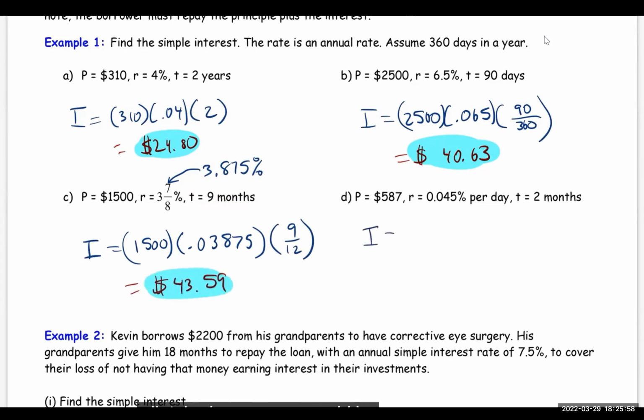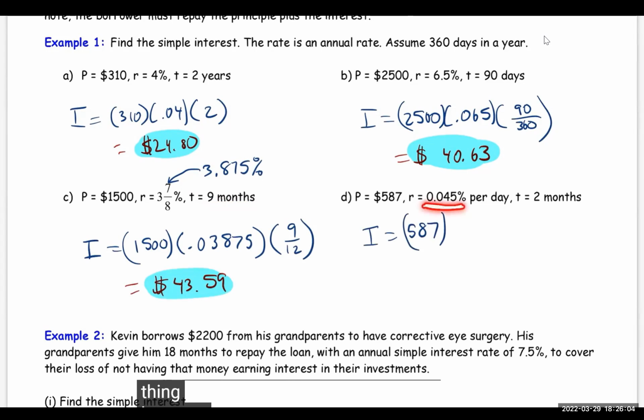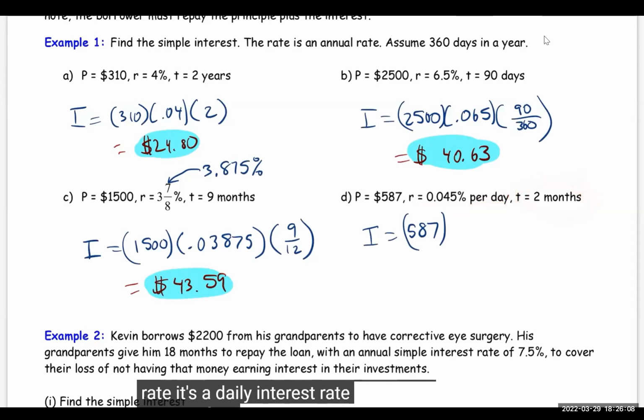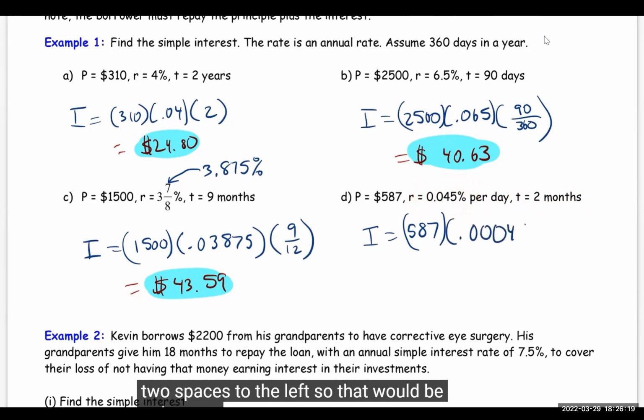All right, the next one would be interest is 587, principal times interest rate, same thing. However, this is not an annual interest rate, it's a daily interest rate. So therefore this T must be in days, not months. So first thing we should do is convert this to a decimal by moving it 2 spaces to the left. So that would be 0.00045.